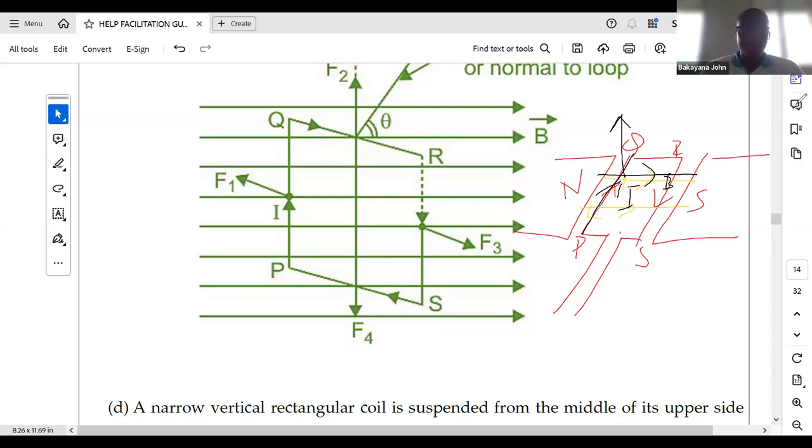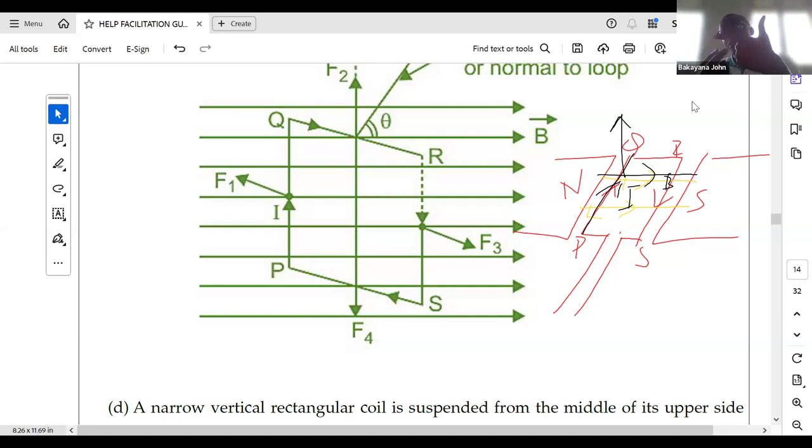That force, okay, let me try to see if we can get this. So where we have a field moving in this direction and the current at 90 degrees to the field, then automatically a force is set in. I'm using the left hand. This is Fleming's left-hand rule.